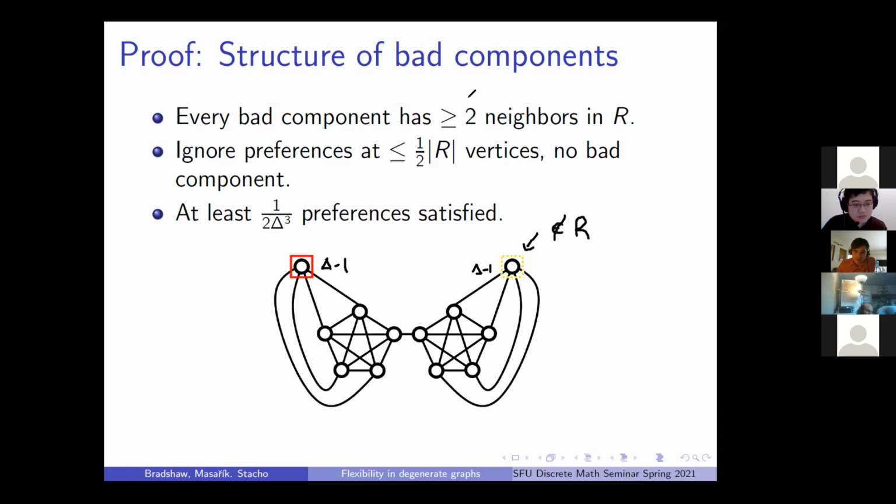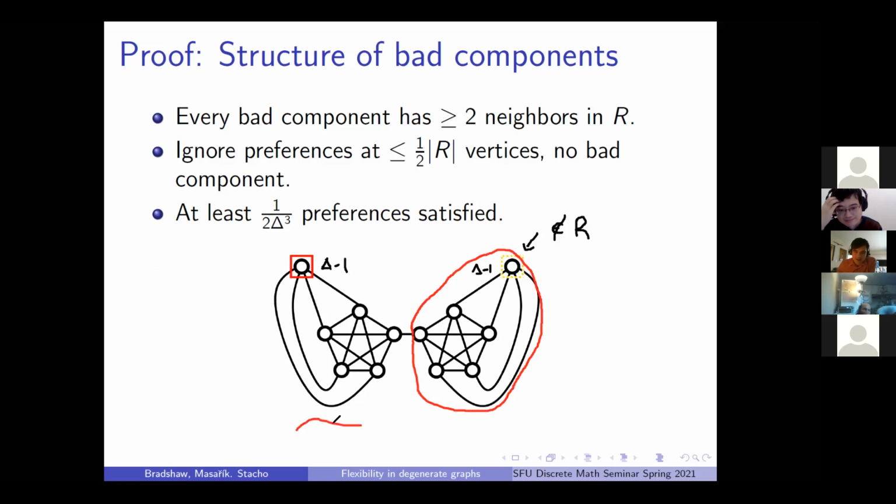Second, if we removed this vertex here from R, then the new graph G minus R would contain all of these vertices right here. And we can observe that these vertices would belong to a block that is neither a clique nor an odd cycle.